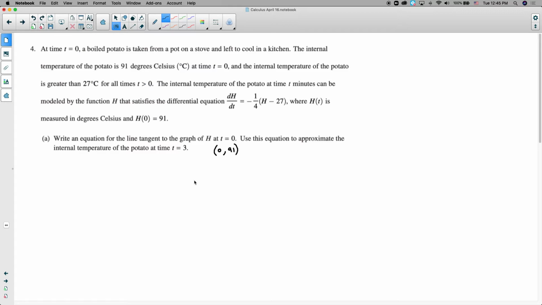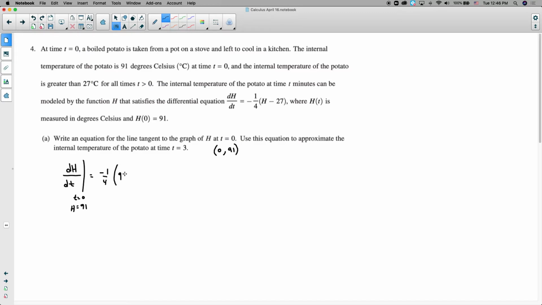So then I really need to go find the slope of h at time 0. That is a matter of evaluating this at time 0 and temperature 91. If I look at my formula, it doesn't involve the time, it only involves the temperature.